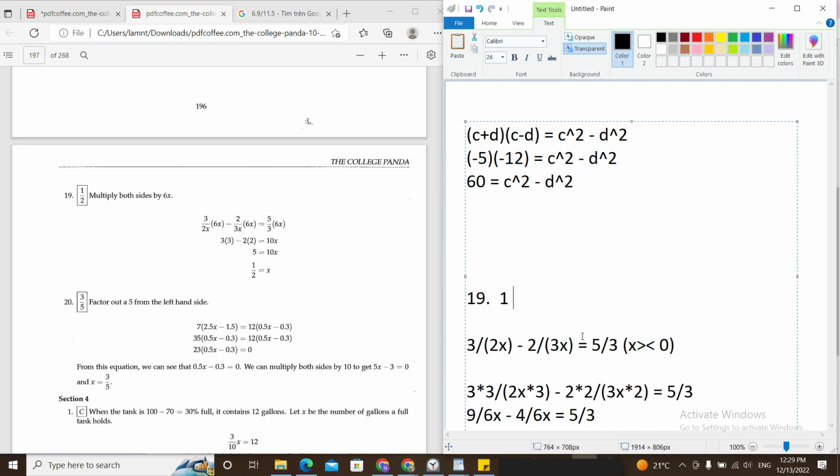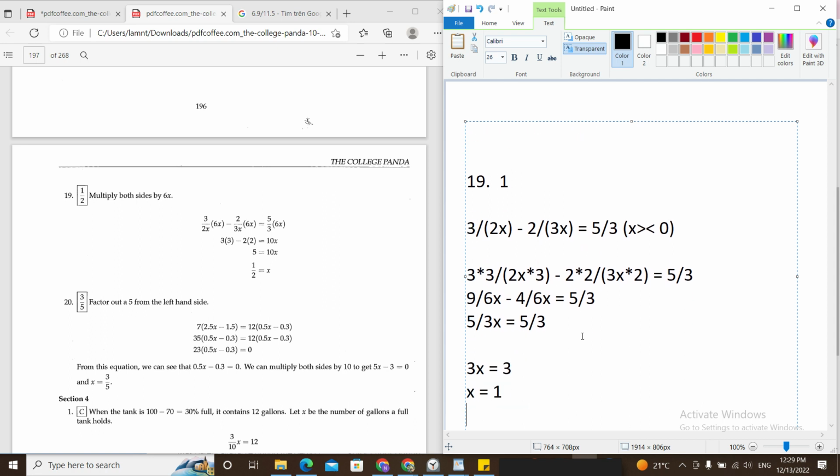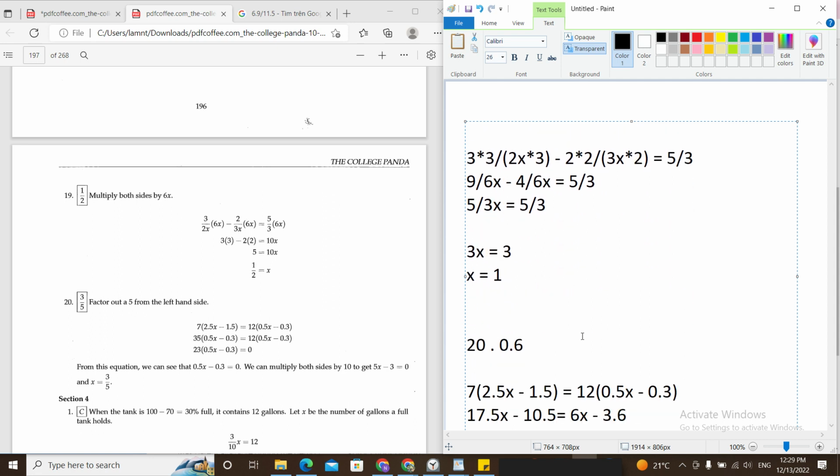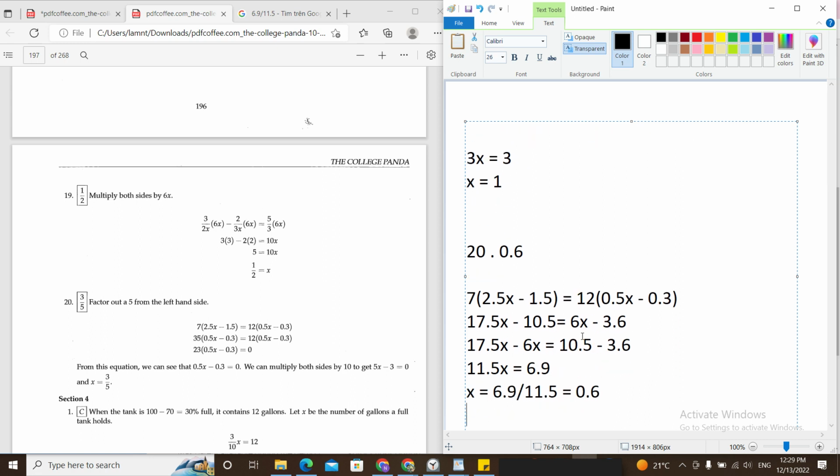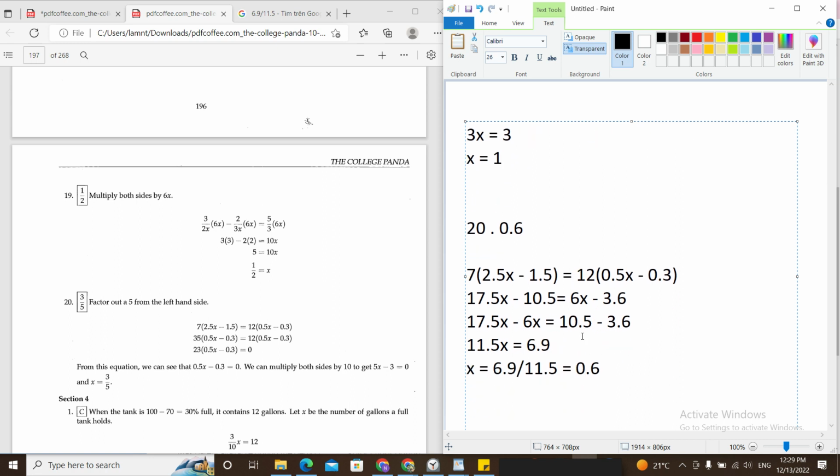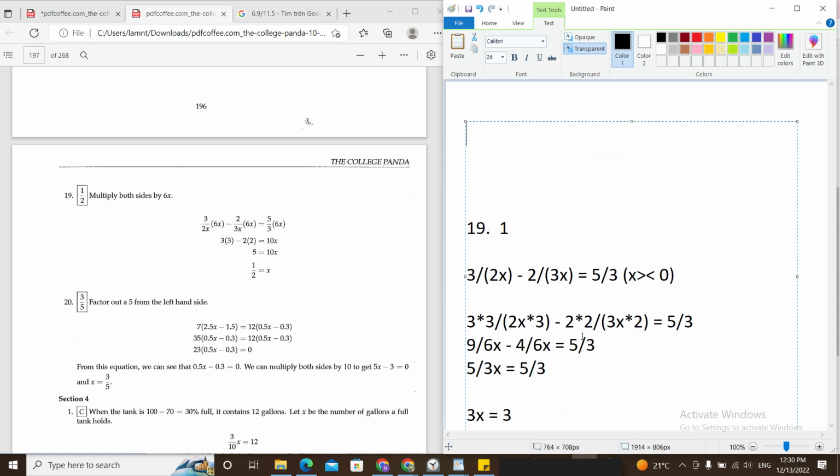Okay, I made some mistake here. It's a half, not 1. And 20 is 0.6 or 3 over 5. Alright, so let's see what went wrong with number 19.